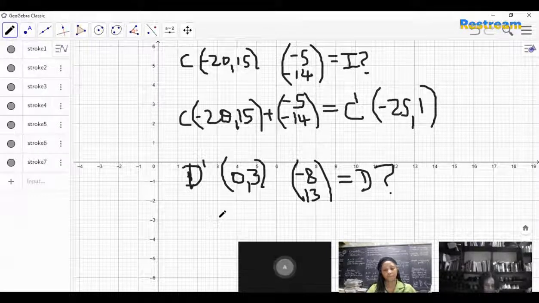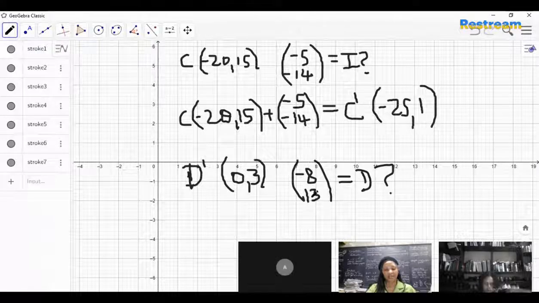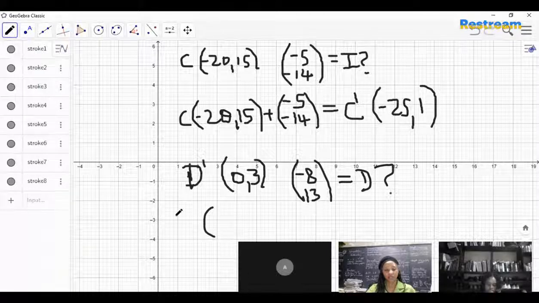Because we're reverting what we did to the number. So we're really subtracting the translation from the image.